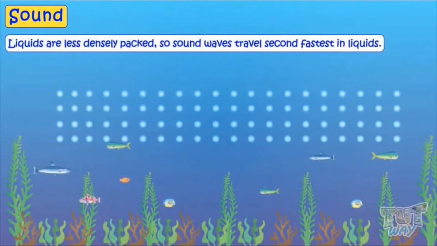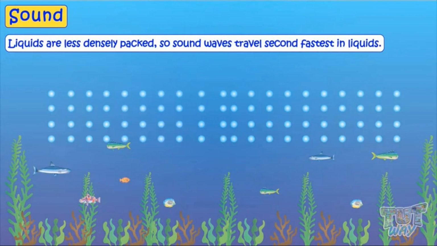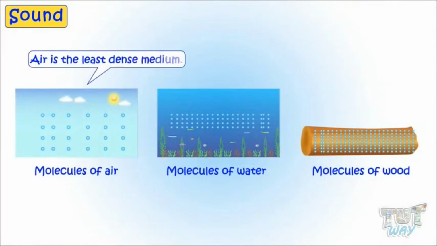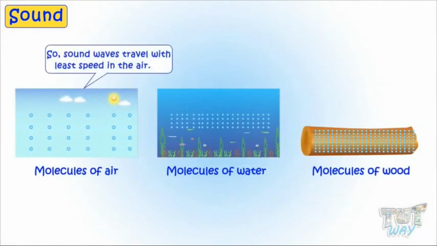Liquids are less densely packed, so sound travels second fastest in liquids, and air is the least dense medium. So sound waves travel with least speed in the air or any gas.